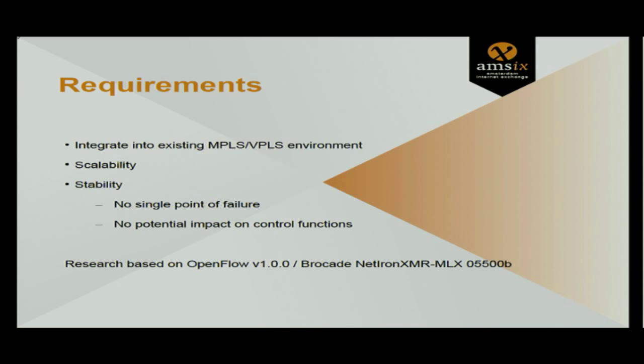We also wanted it to be scalable, of course, with the growth of our platform. And it has to be stable. We don't want to introduce any single points of failure, and we don't want user-generated traffic to have an impact on control functions on the routers.